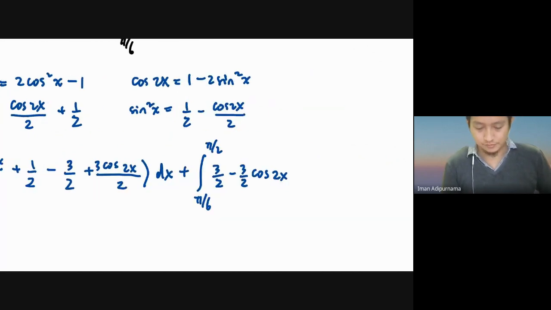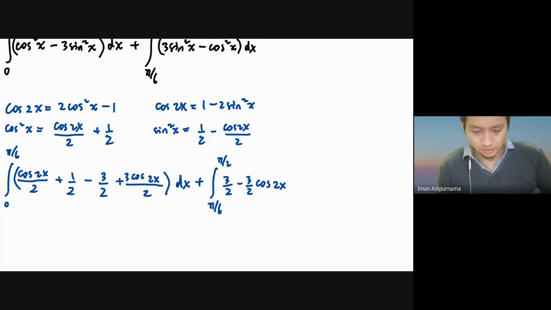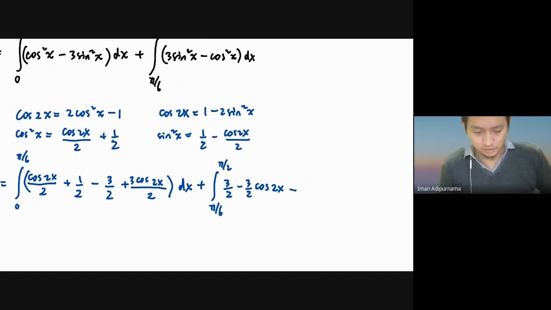Cos. The first one is this, and then minus the cos squared x is cos 2x and minus.